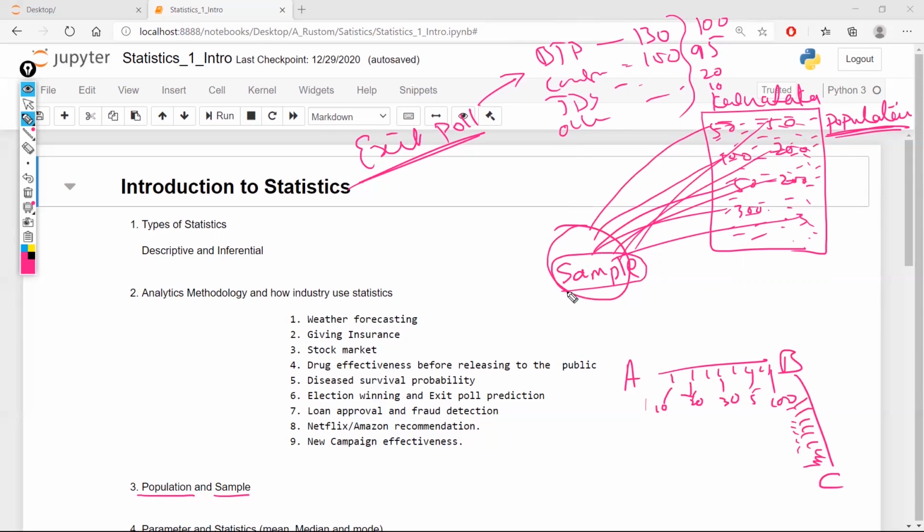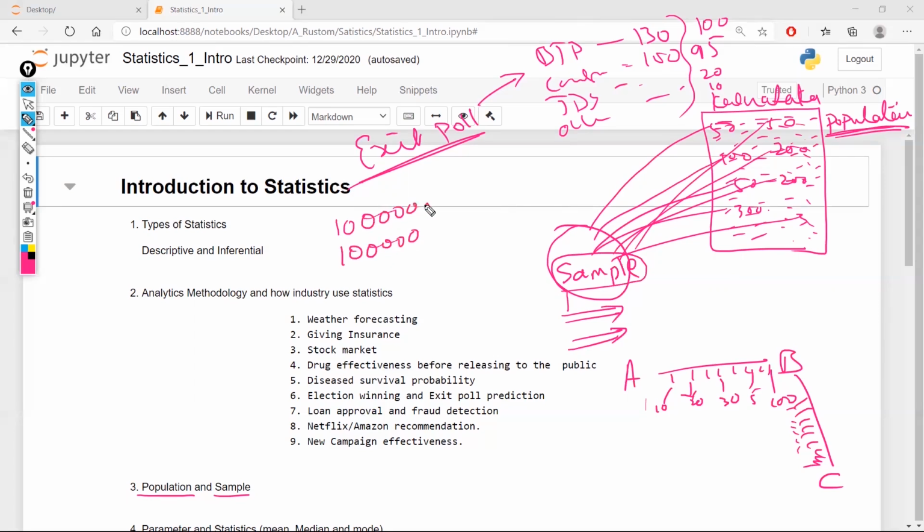So I will take this sample and take their opinion, and now I will start making a prediction, right? Out of maybe 5 lakh, or maybe out of 5 crore, I might have collected say 10 lakh, or maybe 1 lakh.